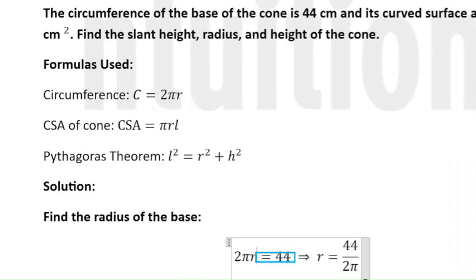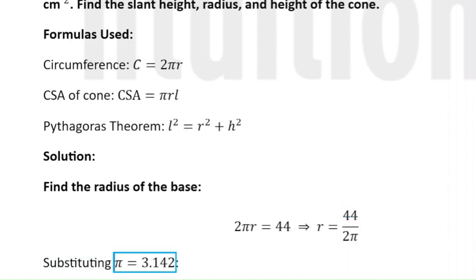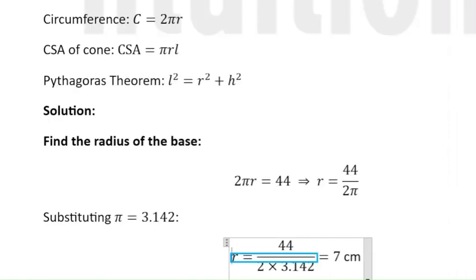2πr equals 44, which implies r equals 44 over 2π. Substituting π equals 3.142, r equals 44 over 2 times 3.142, which equals 7 cm.